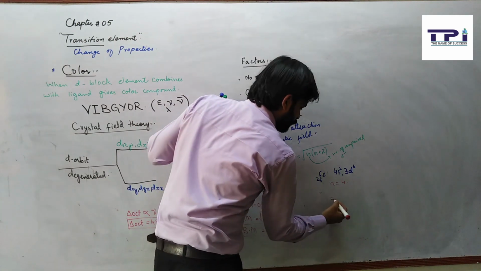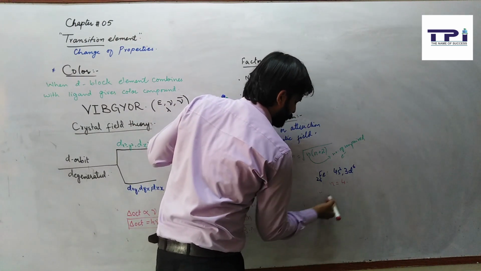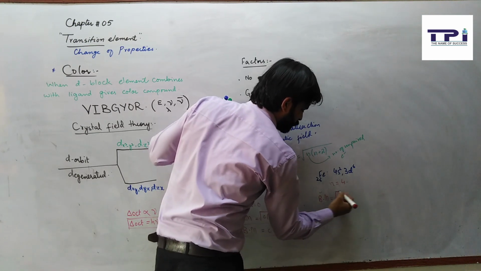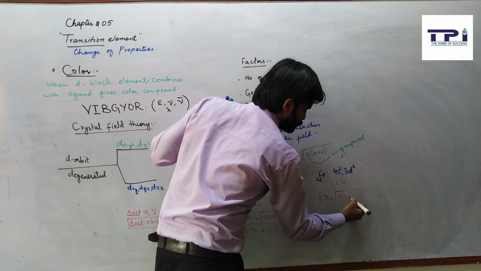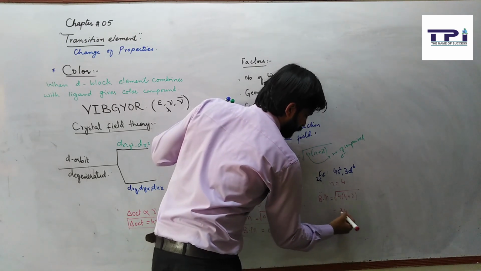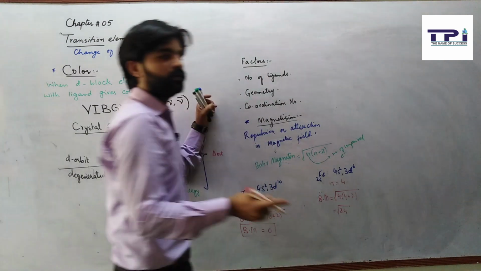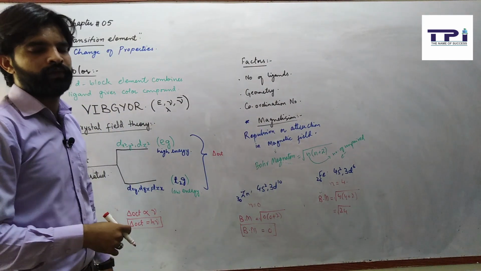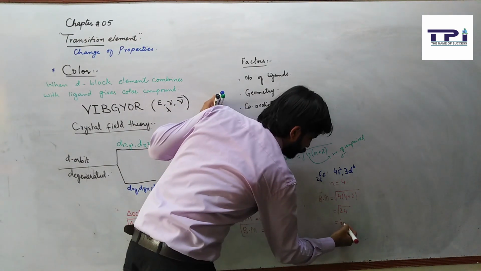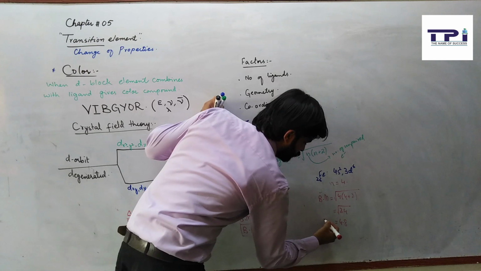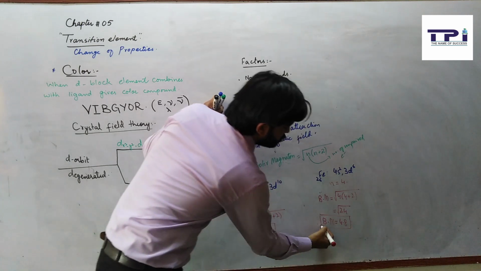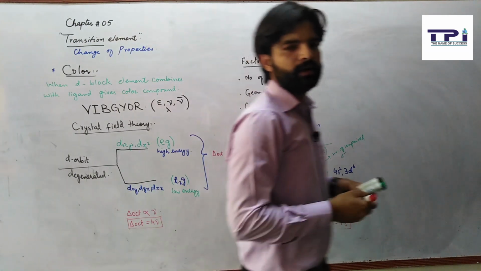While for iron, whose number of unpaired electrons is 4, Bohr magneton becomes root of 4 into 4 plus 2, which is 4 into 6, 24, and root 24. Root 25 is 5, therefore it would be less than 5, about 4.8 or something. It means it can be attracted or repulsed in a magnetic field.